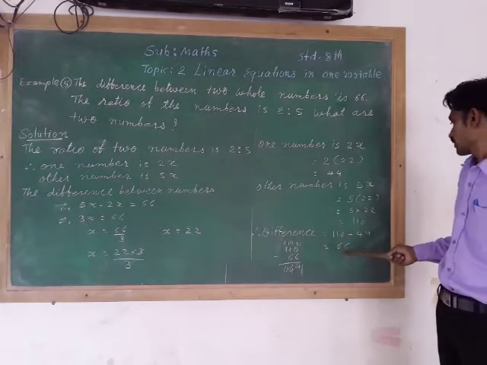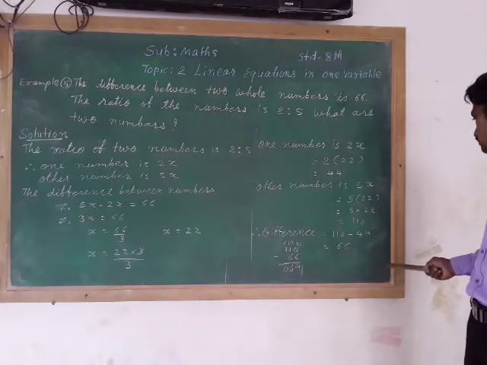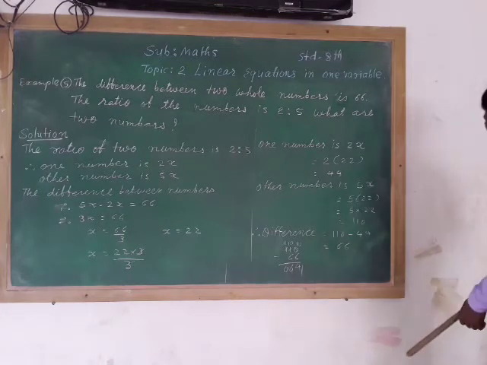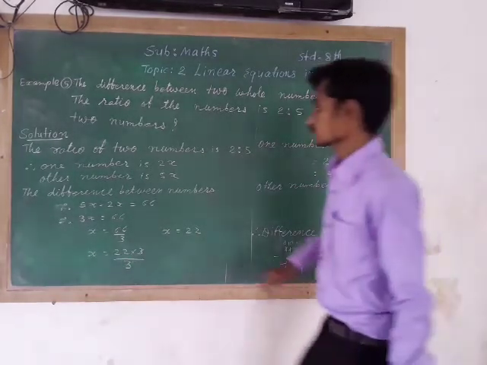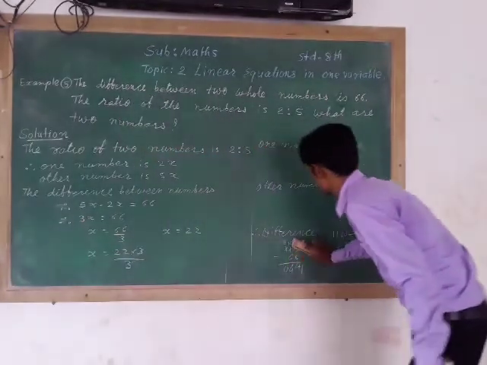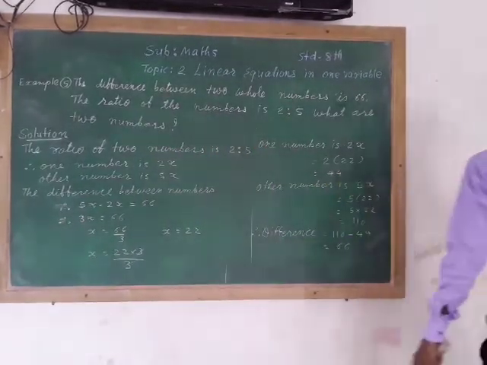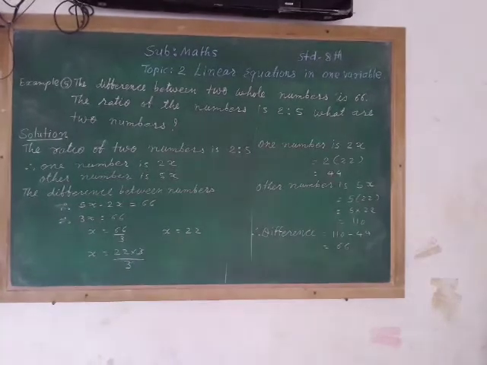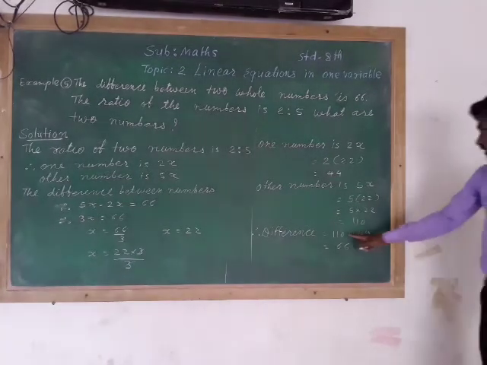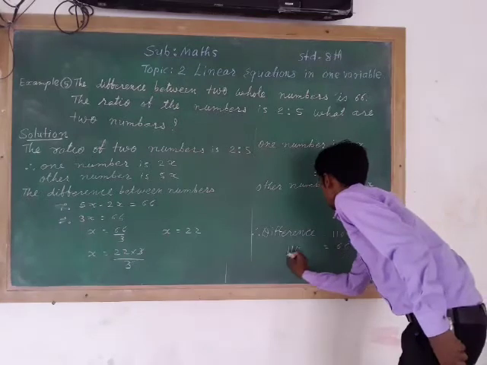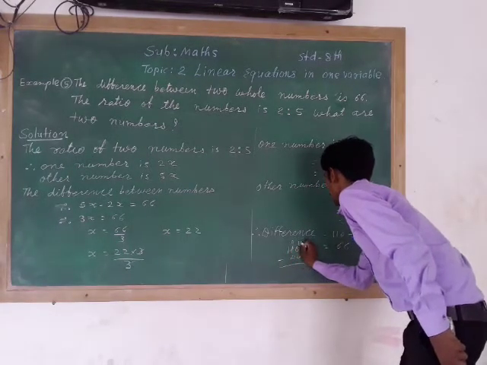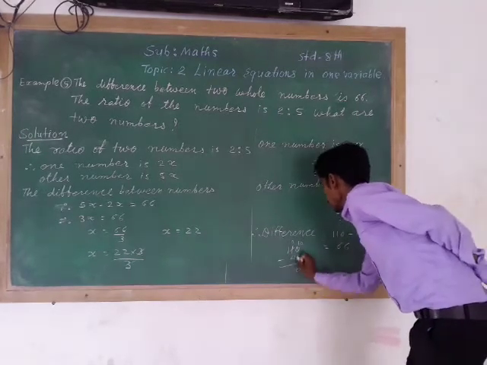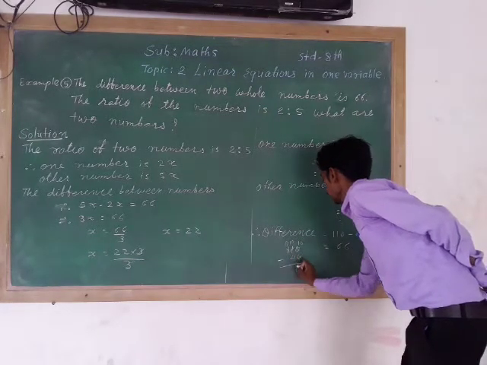66 will be there. Here 110 minus 44: 0 minus 4 is not possible, so borrow, here 10 minus 4 is 6.